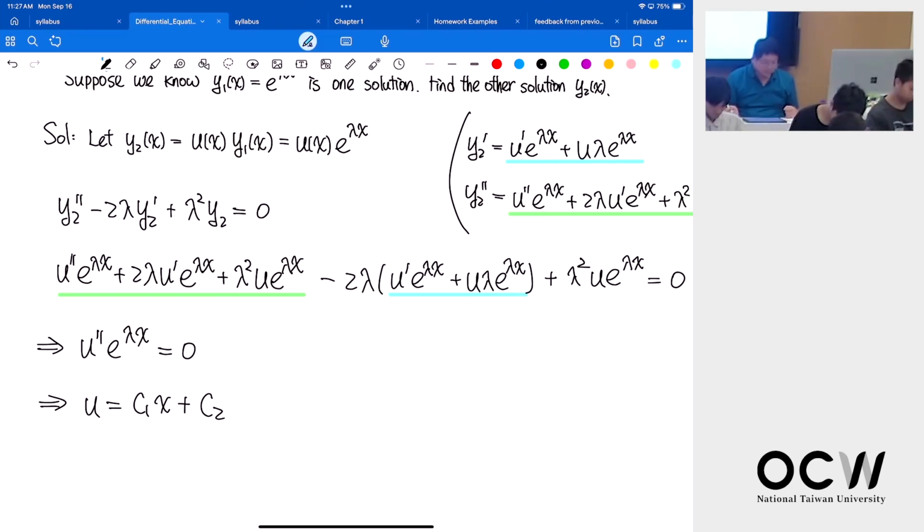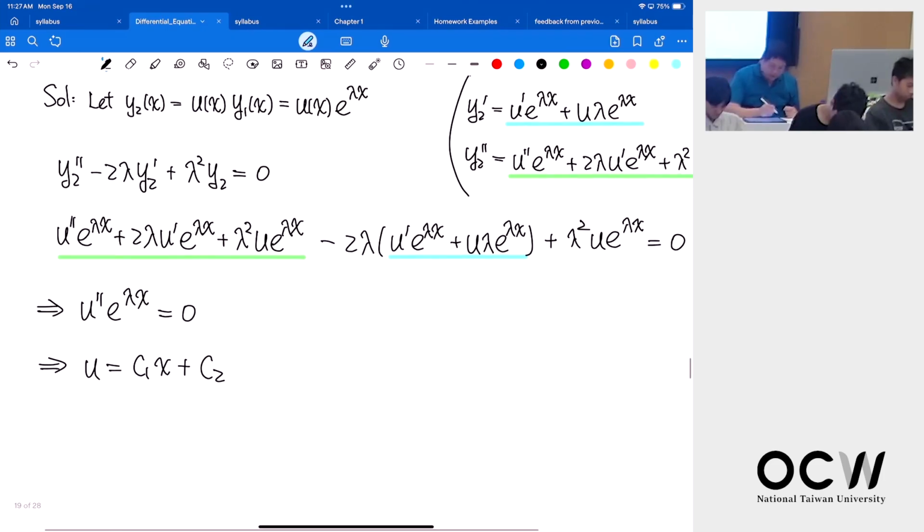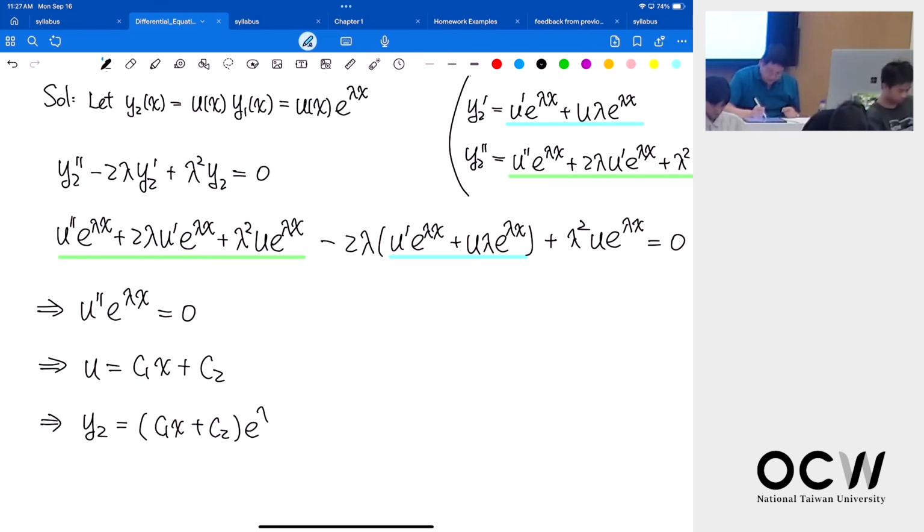Right. Then the other solution, y2, will be (c1x plus c2) times y1, e to the lambda x. We have c1x e to the lambda x plus c2 e to the lambda x.